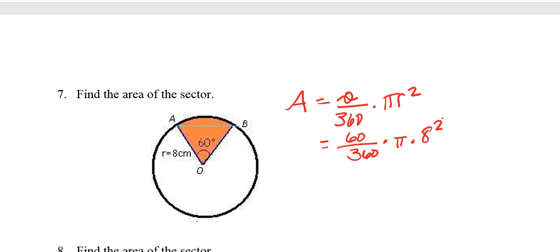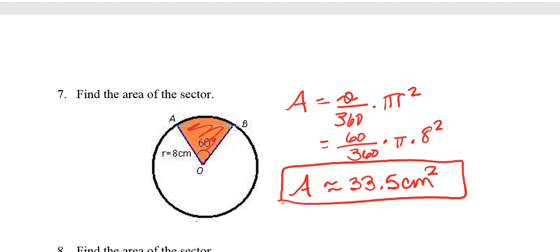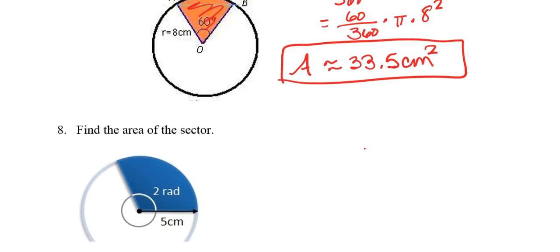I'm going to times it by pi, and then times it by 8 squared. And so my area is approximately 33.5 centimeters. I'm filling in a two-dimensional space, so that is squared. And again, I just plugged all of this into the calculator and let it do the work for me.